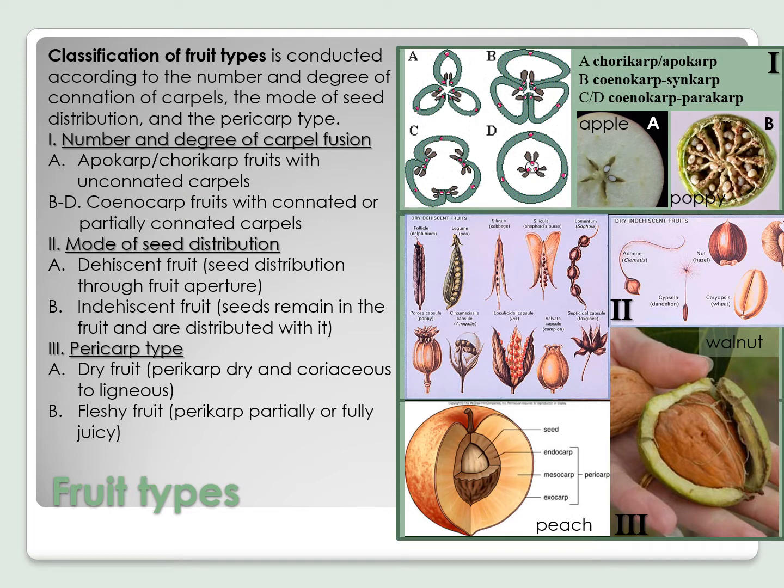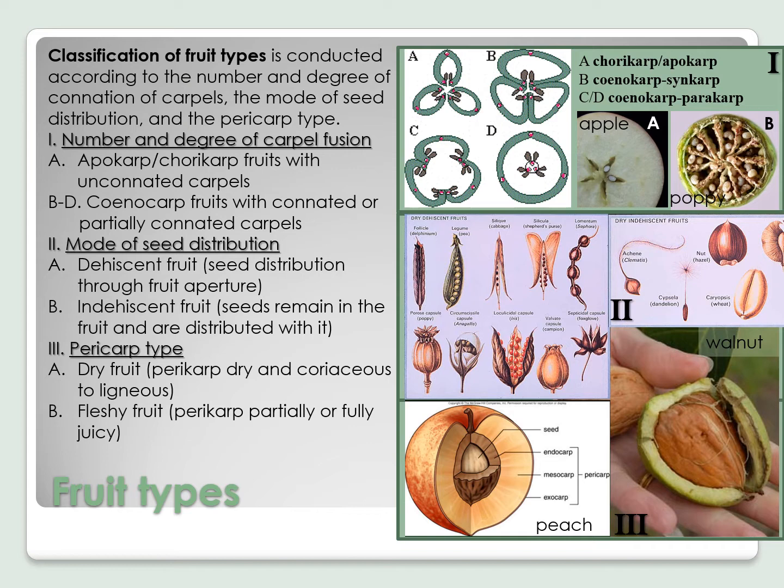The second classification is according to the mode of seed distribution. Dehiscent fruit types, as visible on the left side, which distribute their seeds through fruit aperture, are differentiated from indehiscent fruit types, which distribute as whole fruits, as visible on the right side.